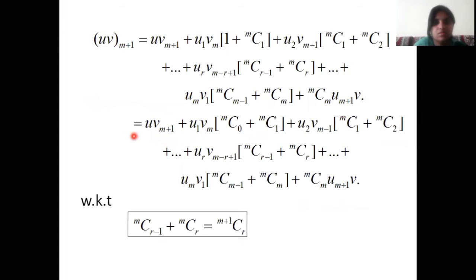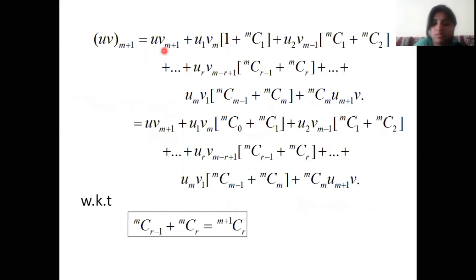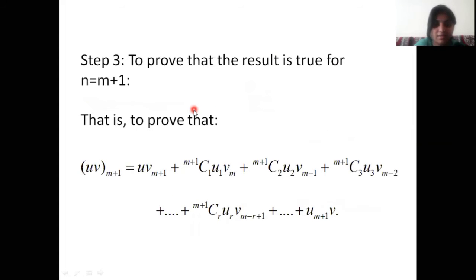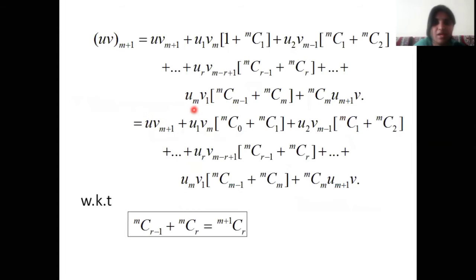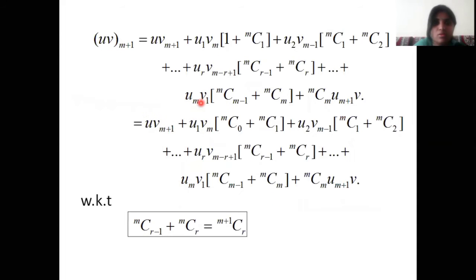First term I have written as it is, u v^(m+1). And next in these two, u^1 v^m is common, so I've taken that outside. When I take that outside, I'll be left with 1, so I have written that 1 here.